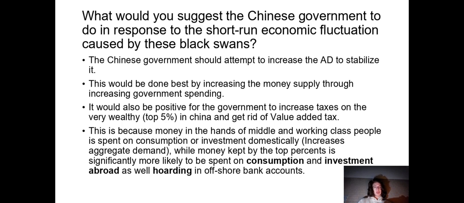This is because money in the hands of middle and working class people is more likely to be spent on consumption or investment domestically, increasing the aggregate demand, while money kept by the top percent is significantly more likely to be spent on consumption and investment abroad or hoarded in offshore bank accounts.